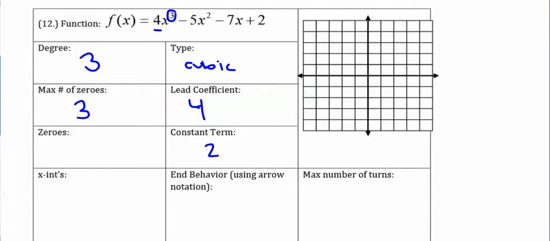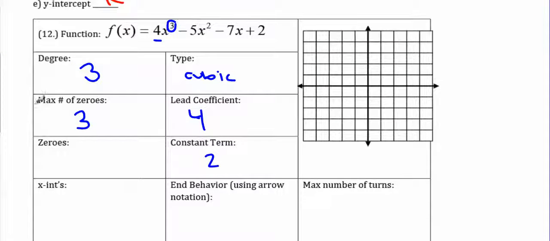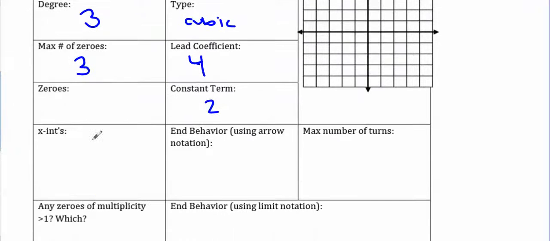All right. So if we look here, it's a positive odd function. So that means that my end behavior using arrows is going to look something like that.